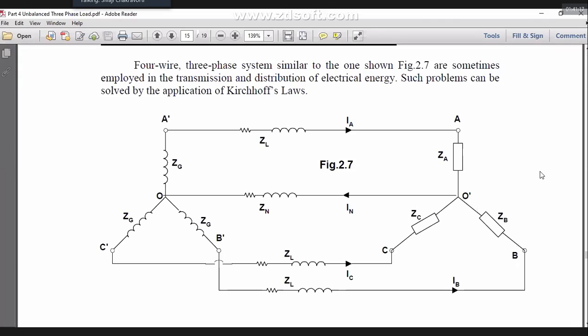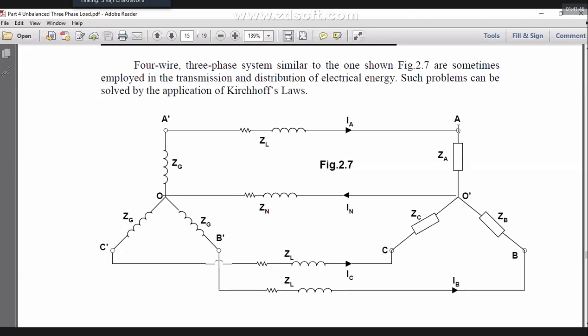That means first convert this delta to its star, take this equivalent star phase impedance, add the line impedance with it, then you get three impedances, again convert it to delta, and then you have one delta with zero line impedance. Then solve it, you will get the line current. You will get the same result, that is IA, IB, IC.